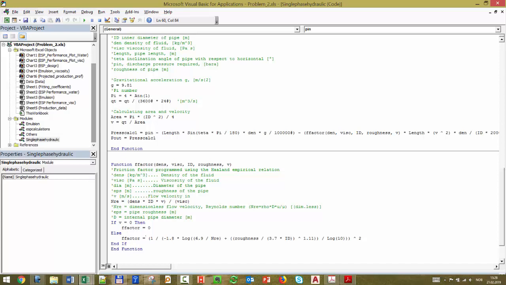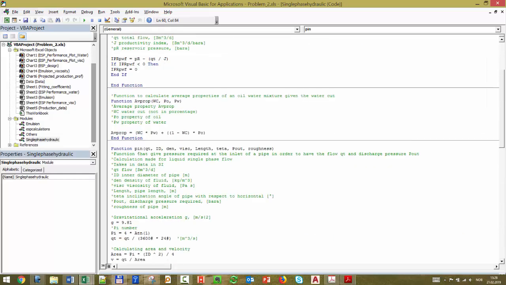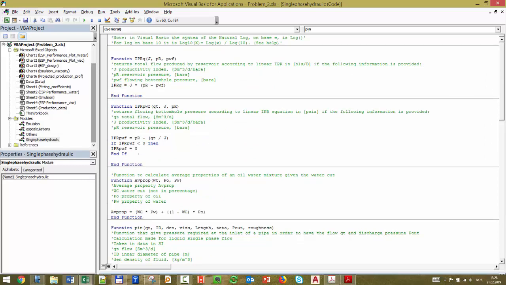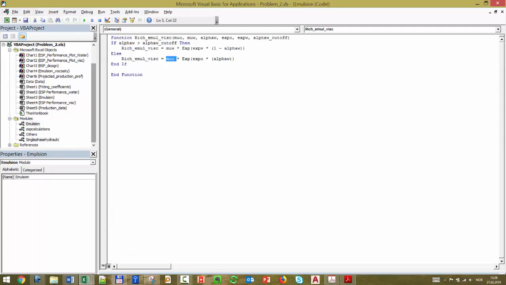That's only for laminar flow. But it's using that expression to calculate the Reynolds and then the friction factor. So that gives you P out and P in, and you have the IPR giving you Q or the IPR giving you PWF. Okay, so that's all you can find in single phase and emulsion.